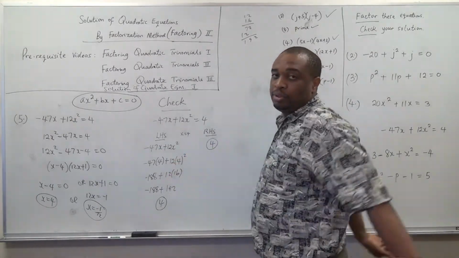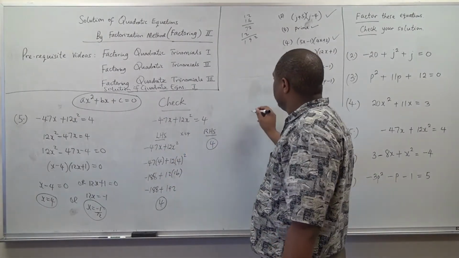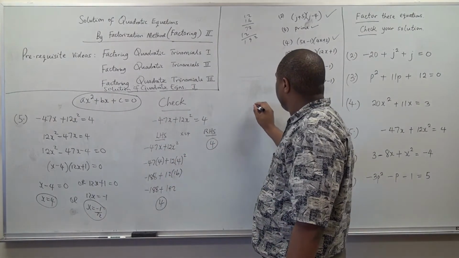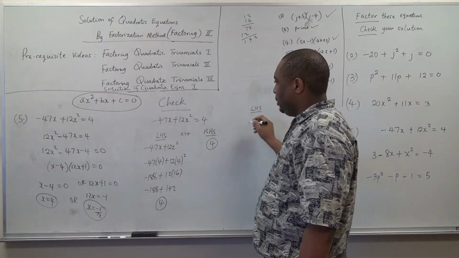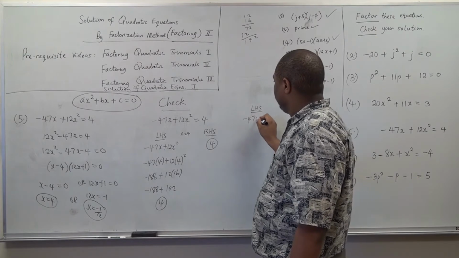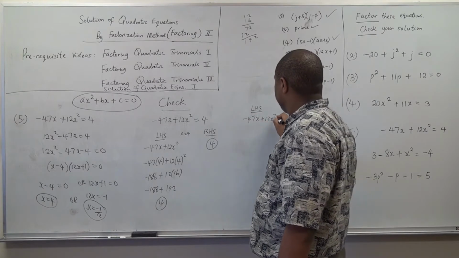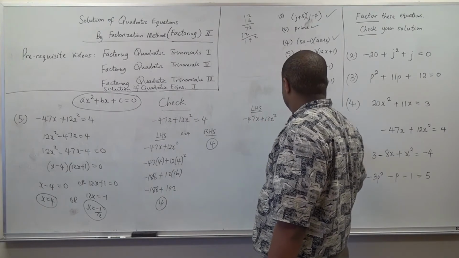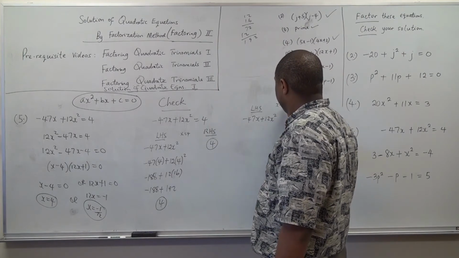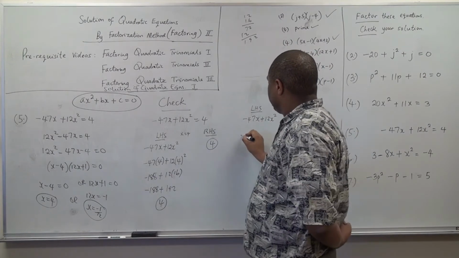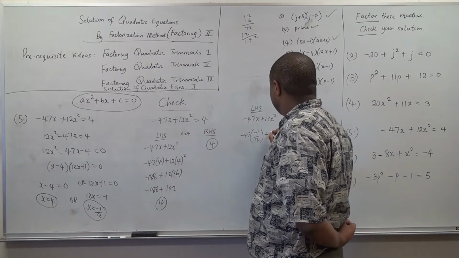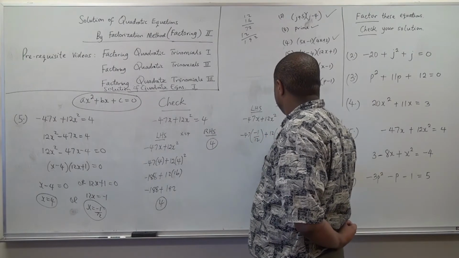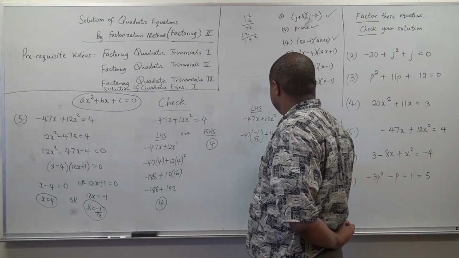You now do for x equal to negative 1 over 12. So we do that. Left hand side, right hand side. Negative 47x plus 12x squared, and this is 4. And our x is negative 1 over 12. So this is negative 47 times negative 1 over 12 plus 12 times negative 1 over 12 all squared.